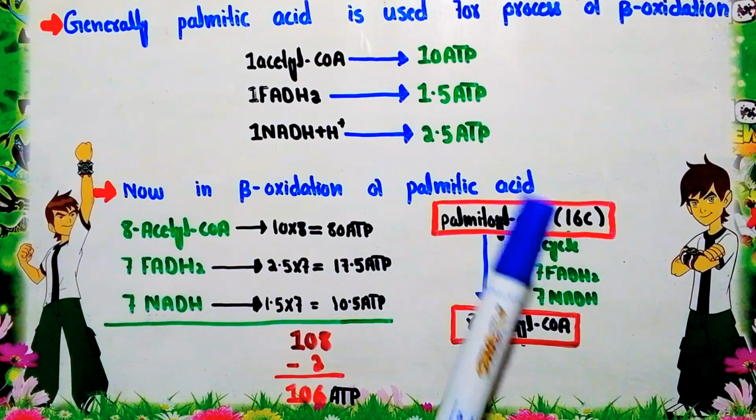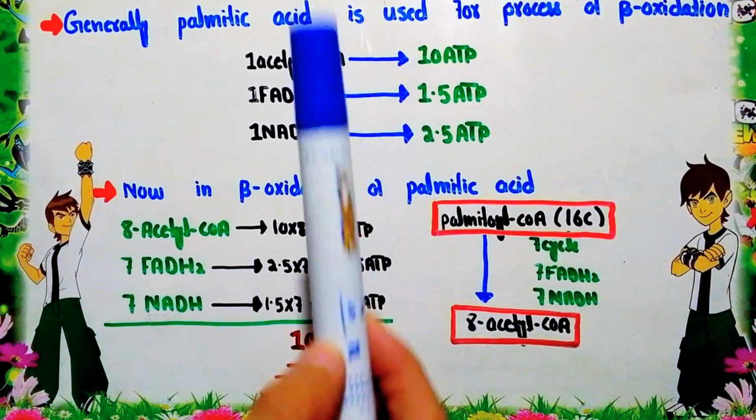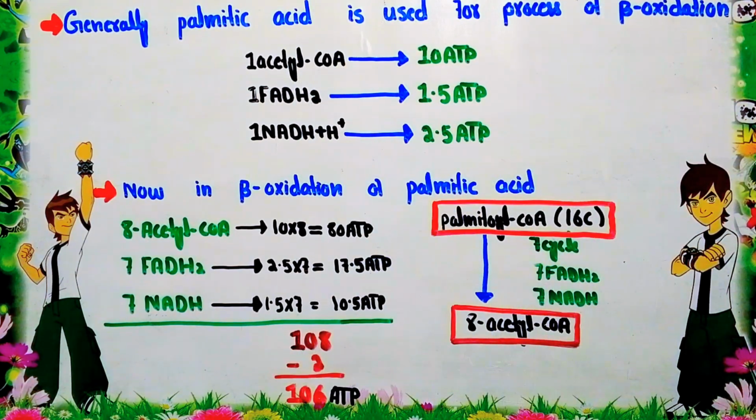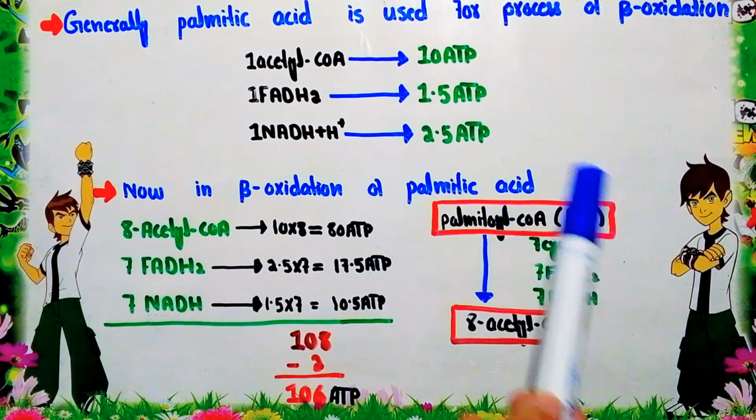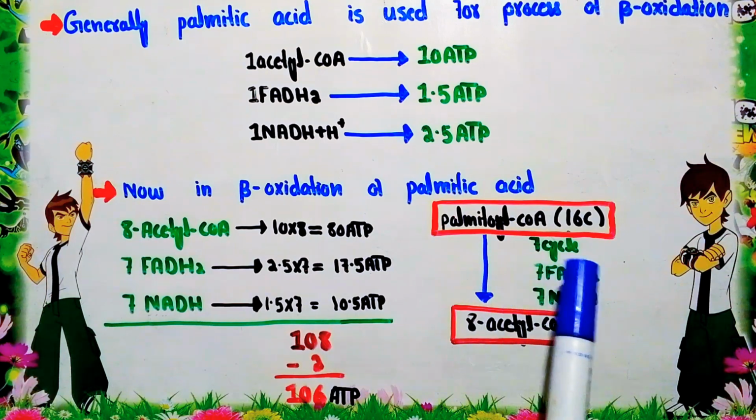Through these 7 cycles, in each cycle one FADH2 molecule and one NADH plus H molecule is produced, so 7 FADH2 and 7 NADH plus H are produced.